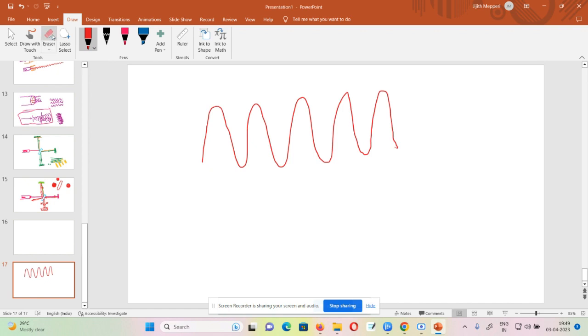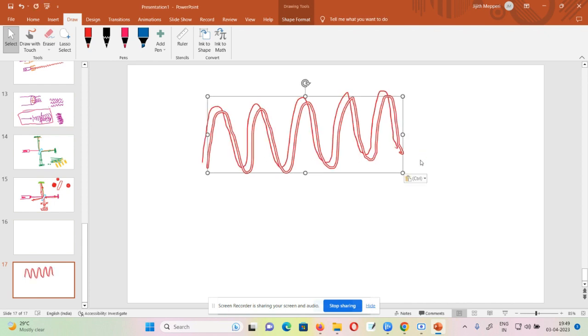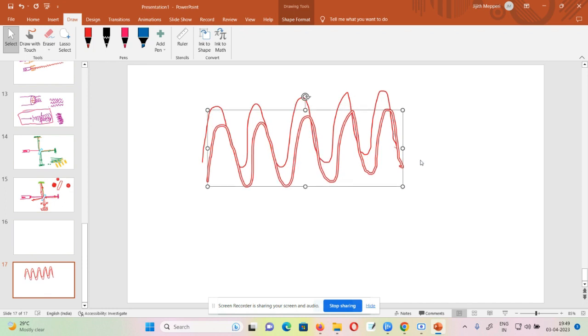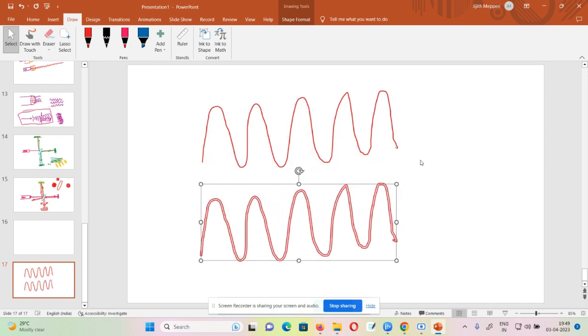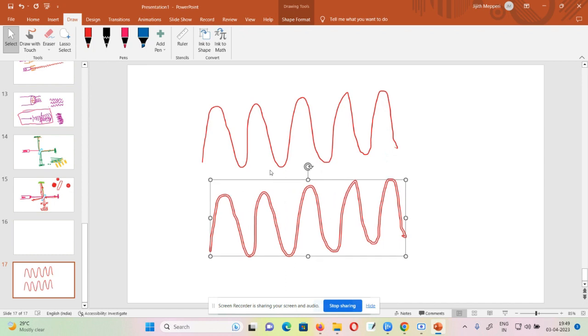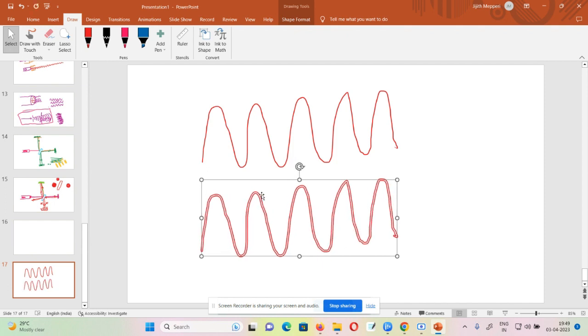So we will have an intensity and wavelength graph. Like on one side we will have lambda and on the other side we will have intensity. But how will you have a lambda? The lambda will be constant.